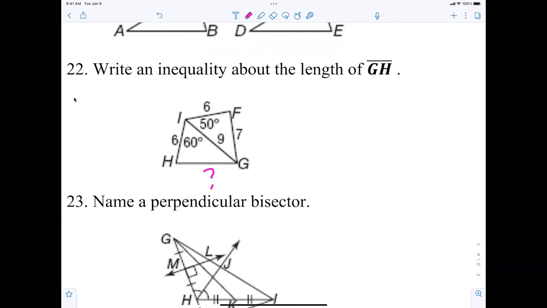It has to be less than what, guys? Oh, wait a minute. Now we're not talking about an angle measure, guys. We're talking about the side length. Can we look at the Hinge theorem first? Look at the Hinge theorem.